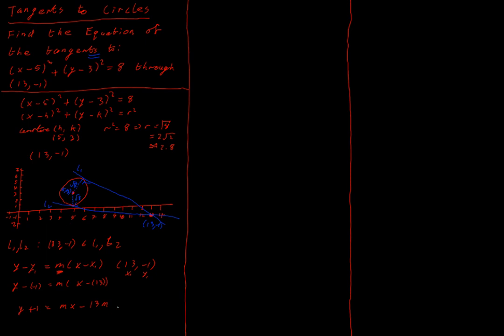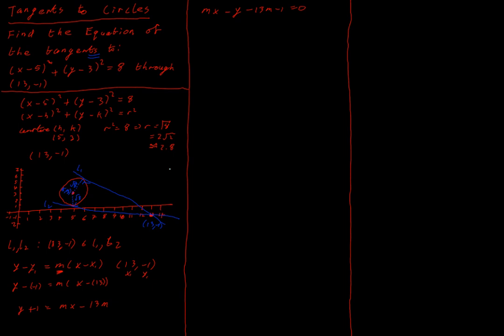Well, if I want the equation of this line, which is the equation of both L1 and L2, and I want to use the perpendicular distance formula, I'm going to have to rearrange it into a form that works better for that. So if I rearrange my equation of L1 and L2, I will end up with mx minus y minus 13m minus 1 is equal to 0.